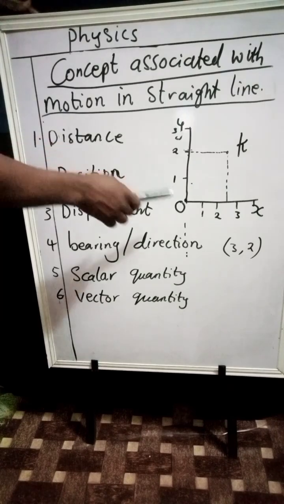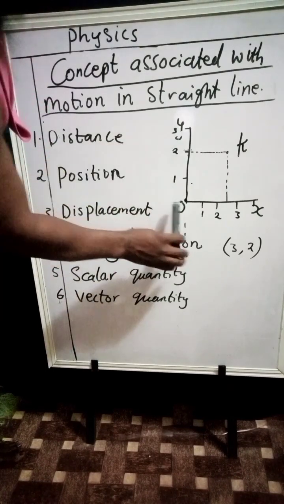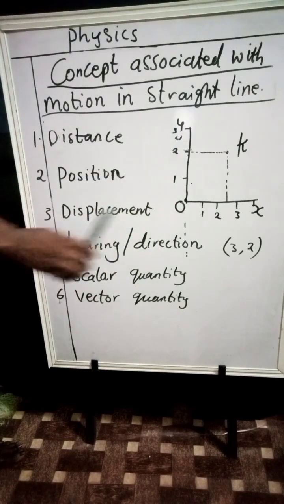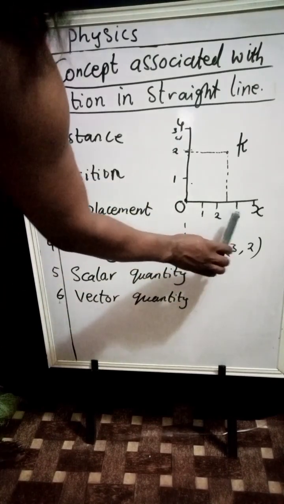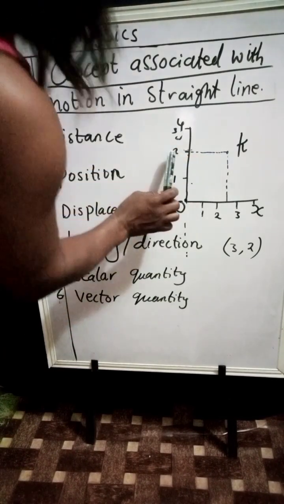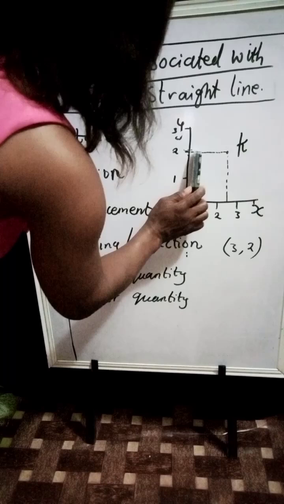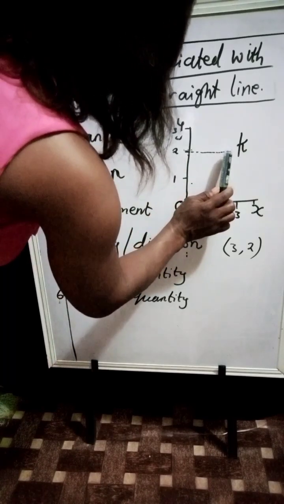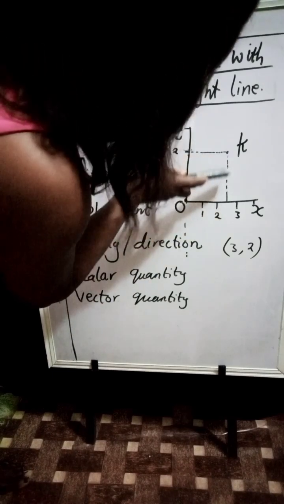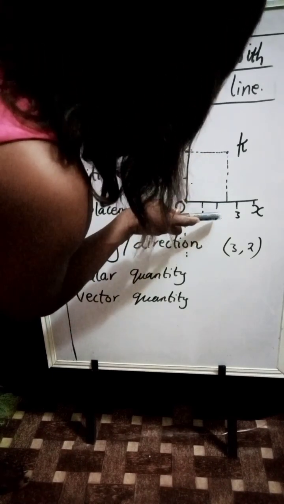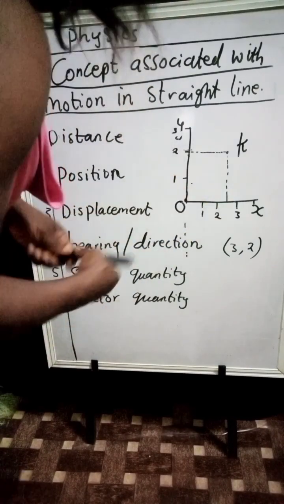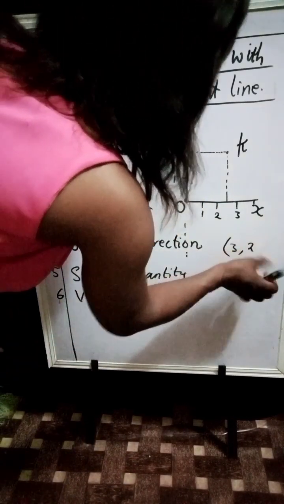Along the y-axis, we have units 1, 2, 3. Along the x-axis, we have units 1, 2, 3, 4. And the point K is at position 2, that is unit 2, along the y-axis. And along the x-axis it is between 2 and what? 3. At the midpoint of 2 and 3. So it is at 2.5.